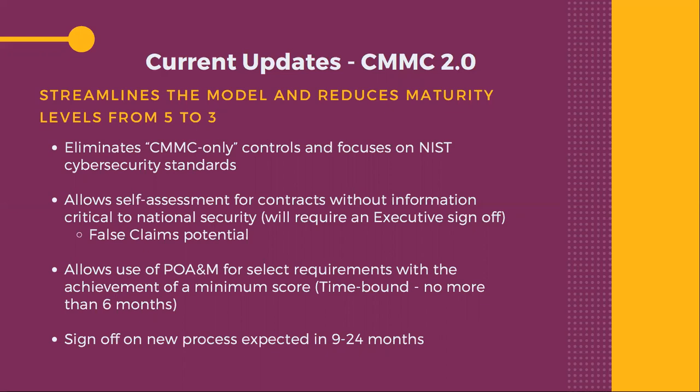It's going to require an executive of the organization to sign off on this, reiterating the importance of it being fully backed up and validated, because there could potentially even be issues with false claims if something was submitted that turned out not to be the case. As I mentioned before, they will allow for a POAM, but it's going to be reduced in terms of what can go on that POAM, and it's also going to be time bound.